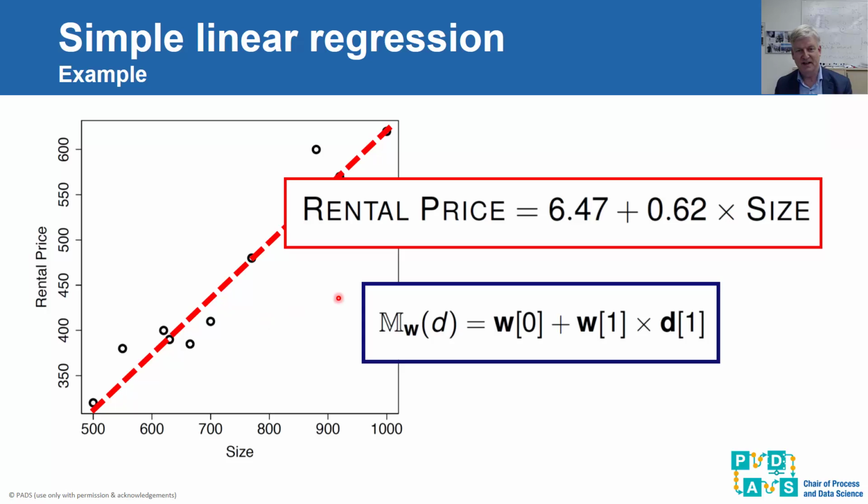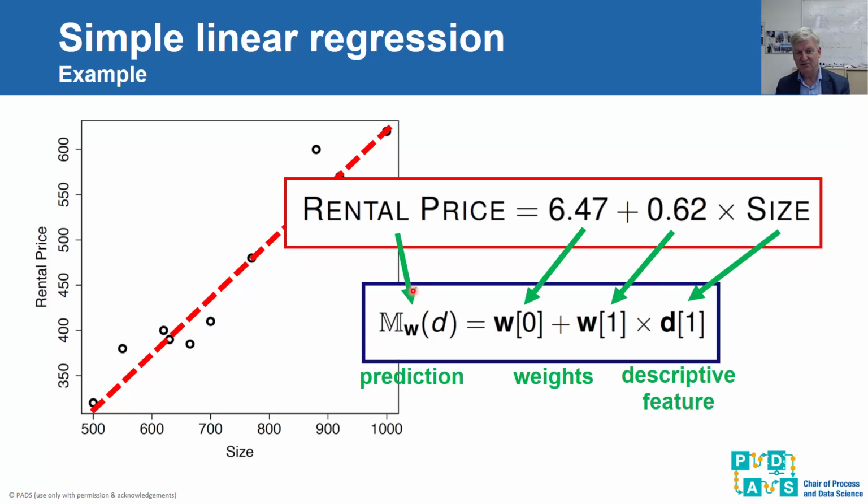And so if we show the general notation, the predicted target value is equal to W0 plus W1 times D1. And we can do the mapping of this, and so this is what we would like to predict. Then we have these weights, so we have the constant, always called W0, and we have the weight of the first descriptive feature.